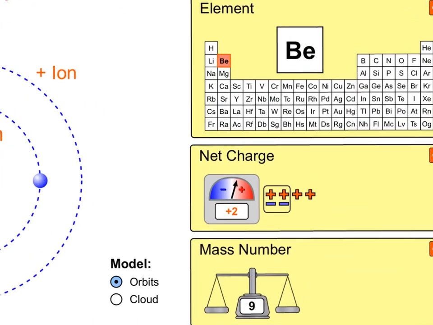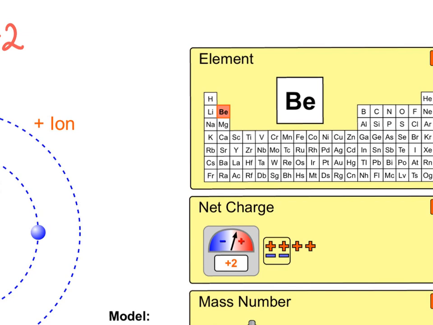Forms a Be plus 2, and if we're looking at patterns, which science is a lot about, if we go to group 2, we know that in group 1, those atoms, when they form ions, will be plus 1. In group 2, you guessed right, they're going to be plus 2. So magnesium and calcium will also form plus 2 ions, and that's important for you to remember when you complete the homework assignment.